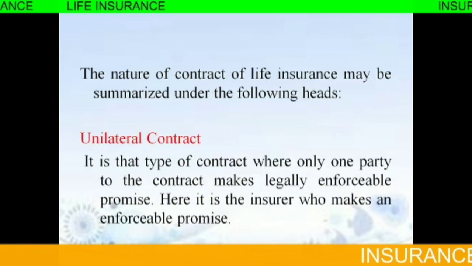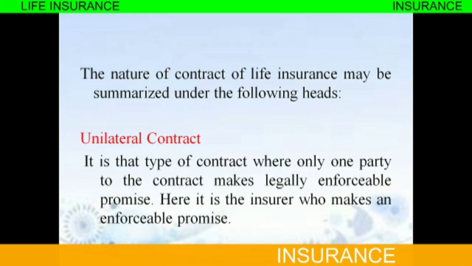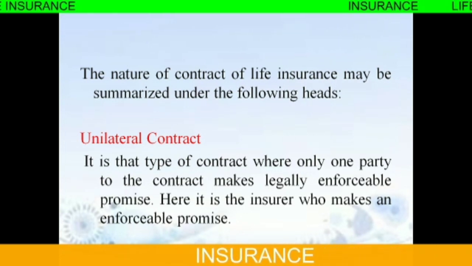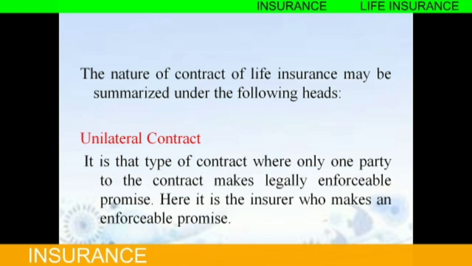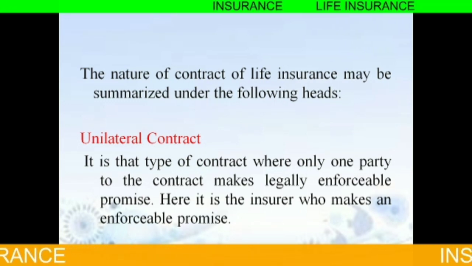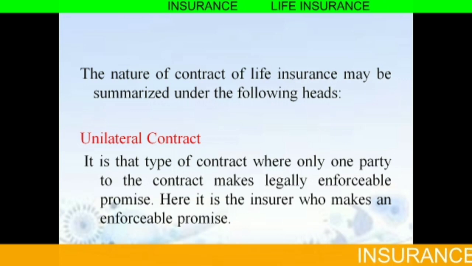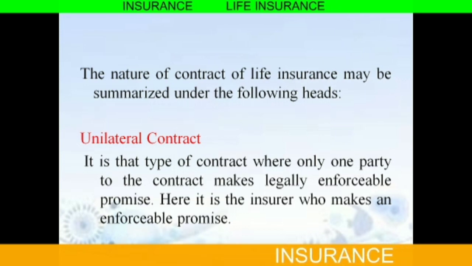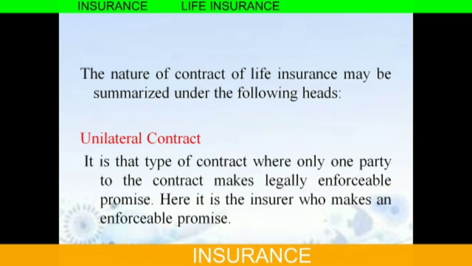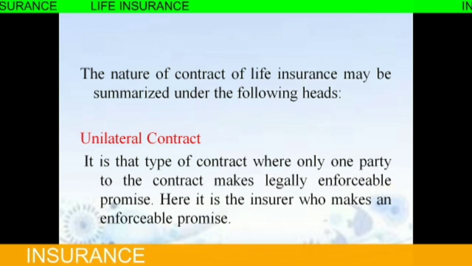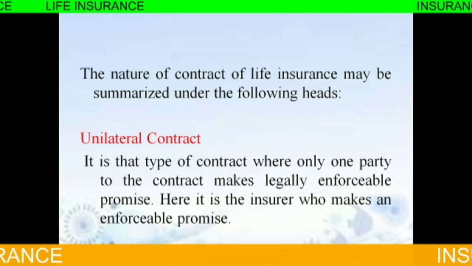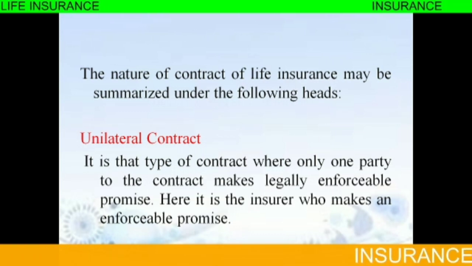And at the same time, as compared to the general contract situation, there are some specific characteristics for the contract of life insurance, and it is actually a type of unilateral contract. It is a type of contract where only one party to the contract makes a legally enforceable promise.